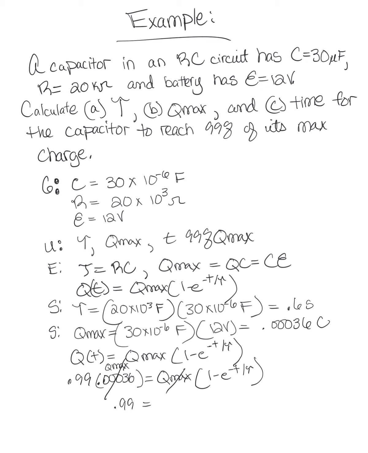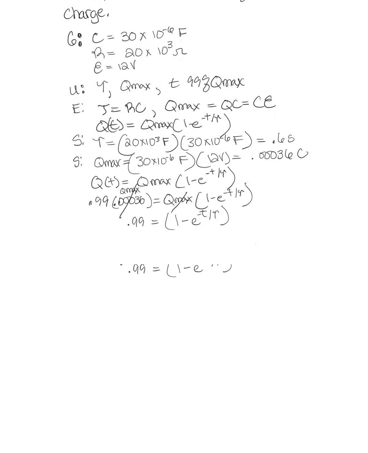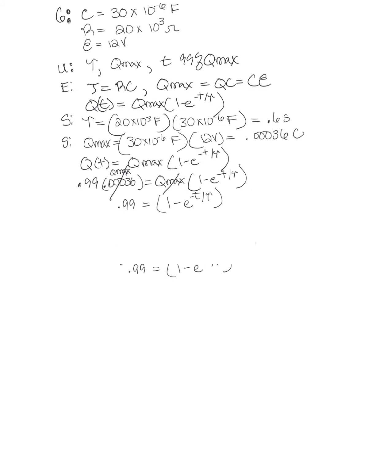So we have 0.99 equals 1 minus e to the negative t over tau. Then we're going to bring this over to the other side and make it positive. So we have e to the minus t over tau equals 1 minus 0.99.